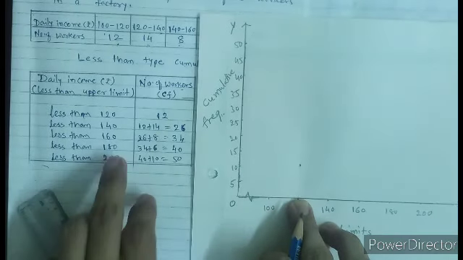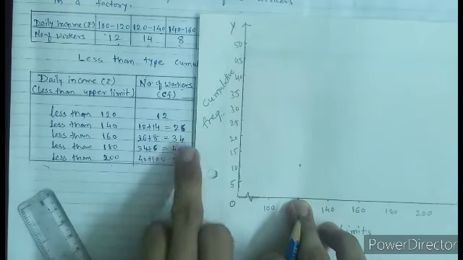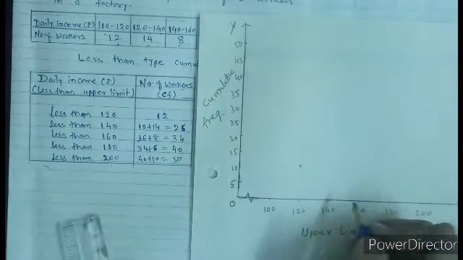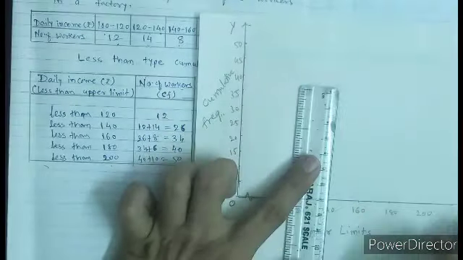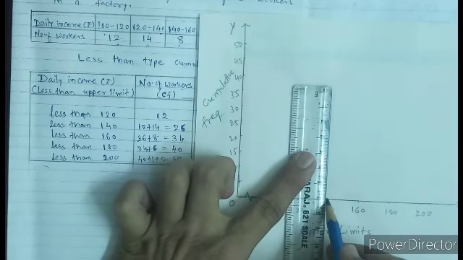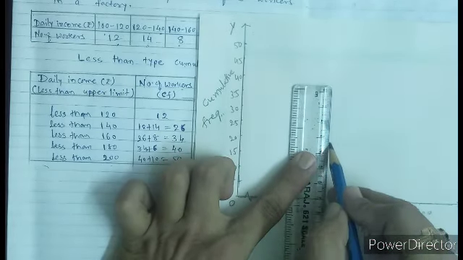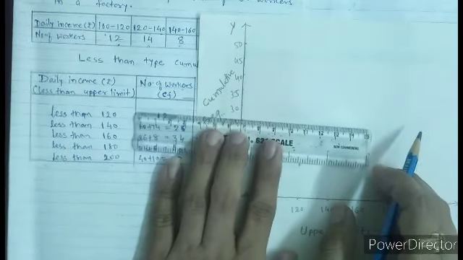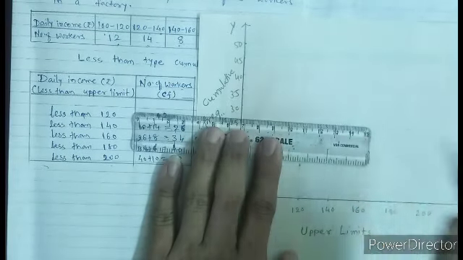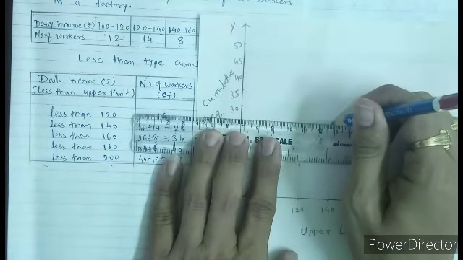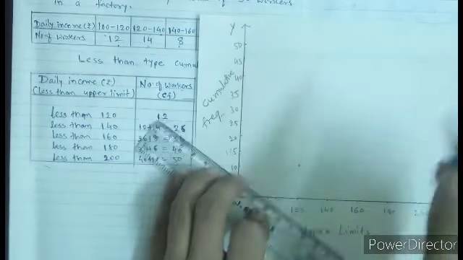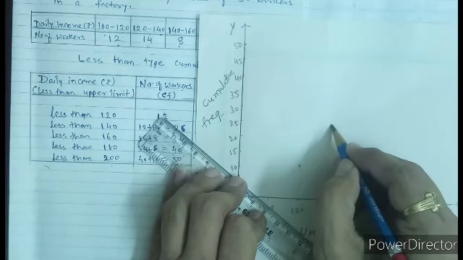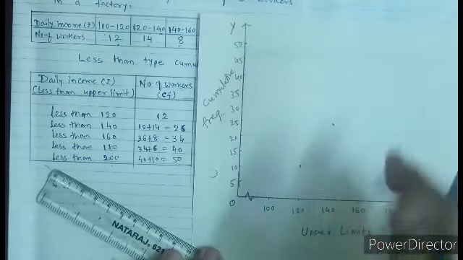Now the second point is 140 and the cumulative frequency is 26. For the 140 level, I'll get it parallel to this, and the cumulative frequency is 26, so it is 1 more than 25. So I'll get that point here. So this point is 140 and 26.